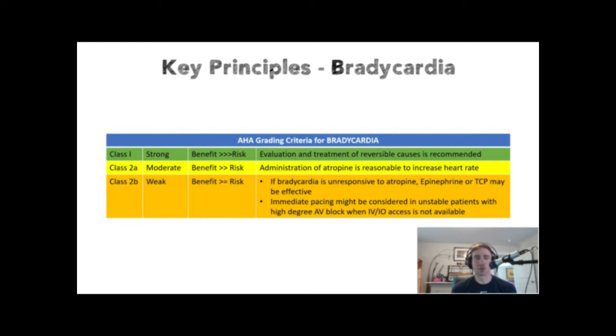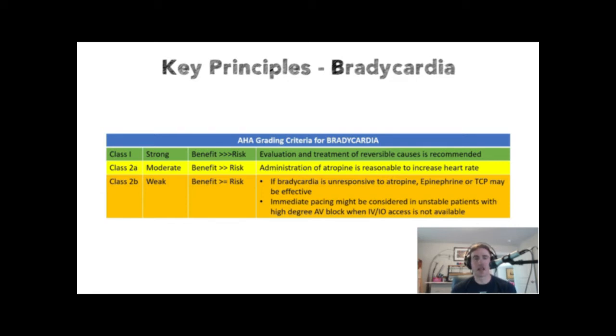When it comes to bradycardia, I really like the recommendation from the American Heart Association on this. Their class 1 recommendation is to treat the reversible causes of the bradycardia. And we'll get into why I like this in the next slide.